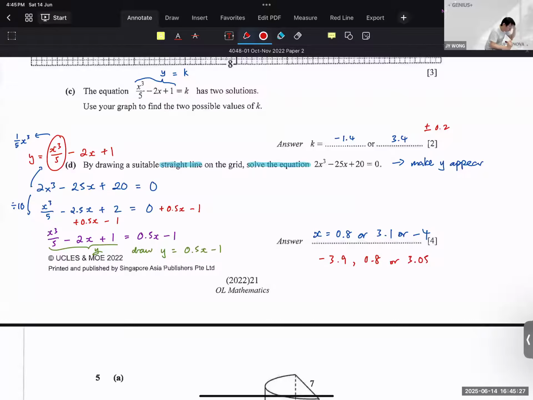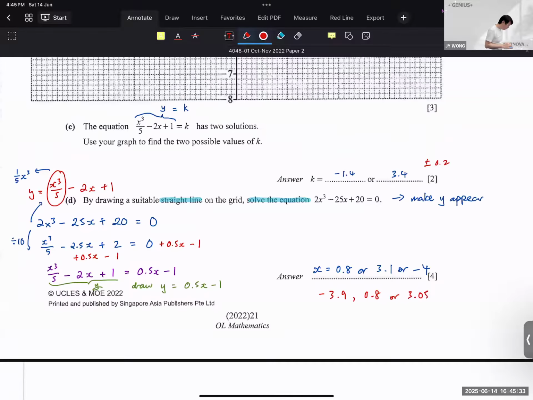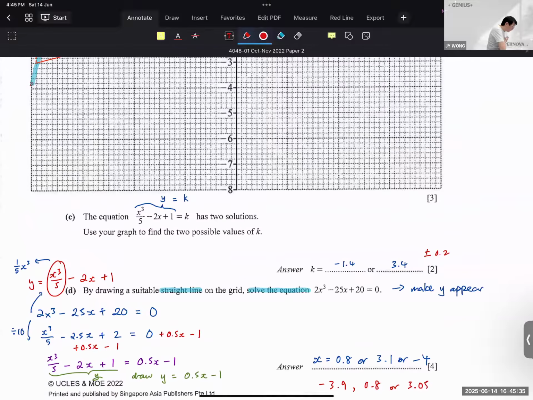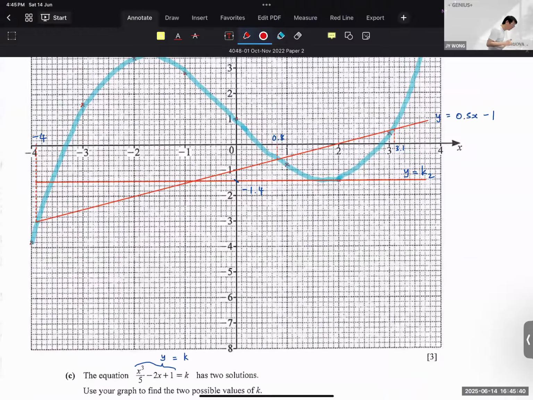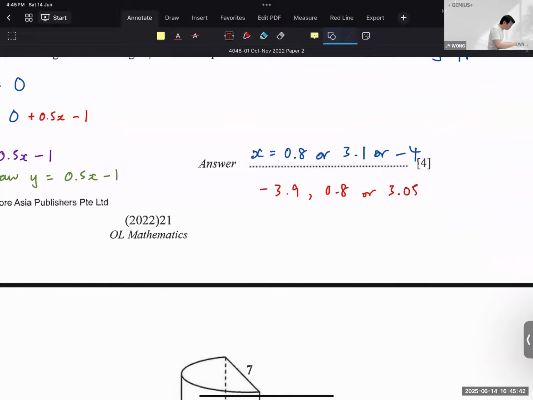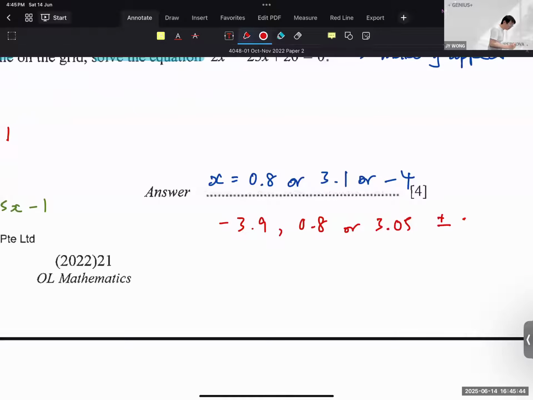I don't understand how they can get 3.05. 3.05 is definitely not a calculated value, it's a computer value. Okay, actually can, because one small grid, right? Yeah, 3.05 is acceptable. So this is the exact value. They will give you, this allowance here is plus minus 0.1 because your x-axis is bigger. Okay. So despite my terribly drawn graph, all the values are still acceptable.